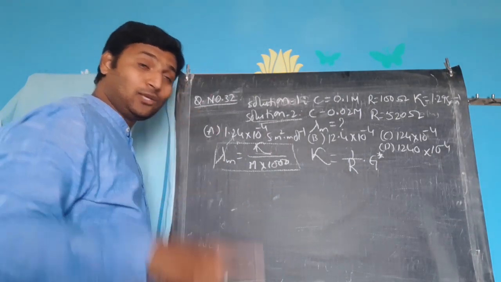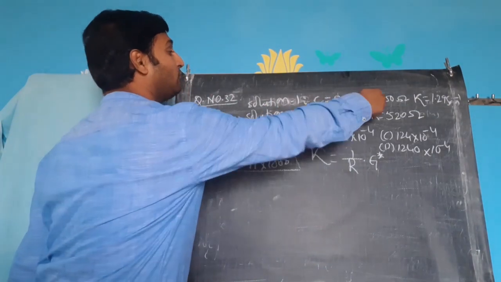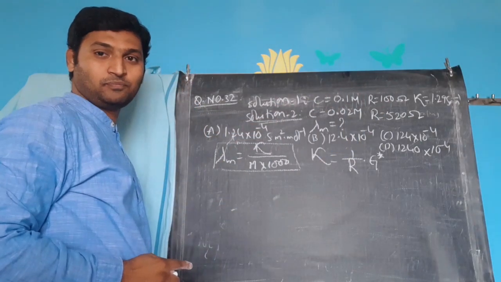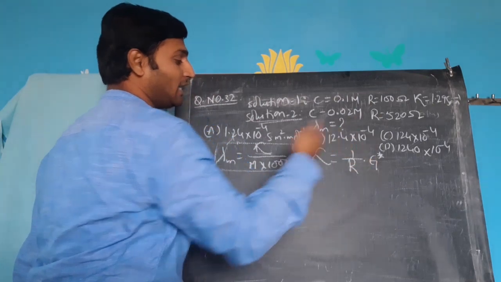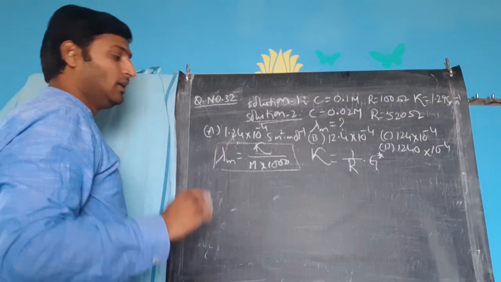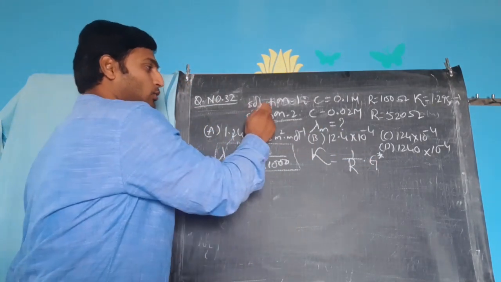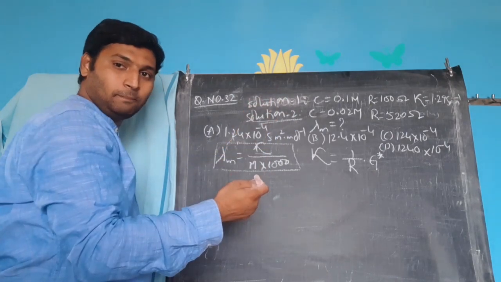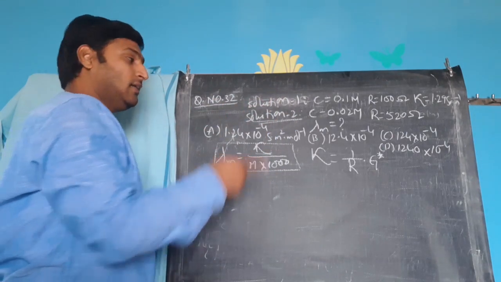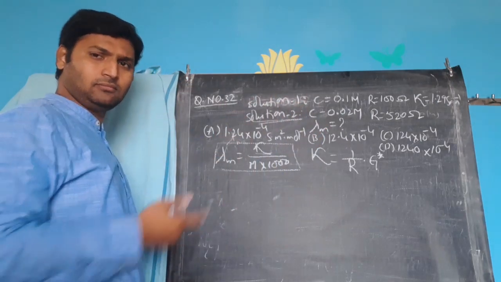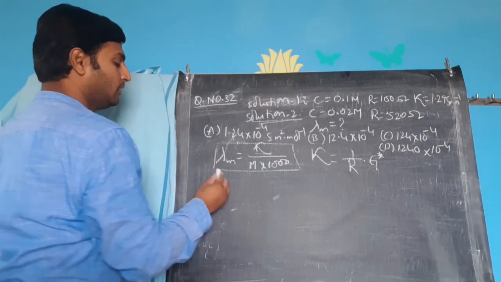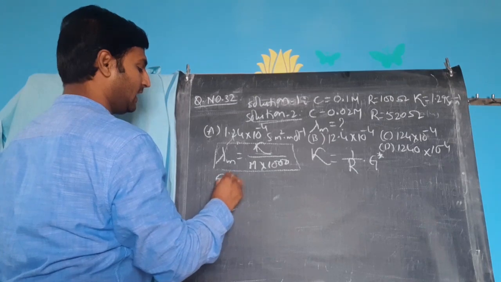Now to calculate that cell constant, information about solution 1 is given. There, resistance as well as kappa is given, so you can calculate cell constant. So, it is a simple problem where using the information from solution 1, find out cell constant, then use that cell constant in solution 2 to calculate lambda m, kappa, whatever. So, first, finding cell constant.